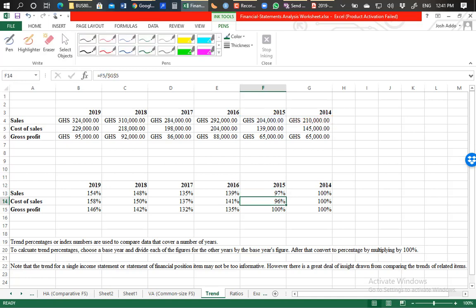Yes, it has that understanding. So I can drag like this. And if you want to check whether it's doing things right, click here and click in the formula bar and see the figures it picked. No, this is wrong. You see how it is wrong? Okay, that is quite wrong.